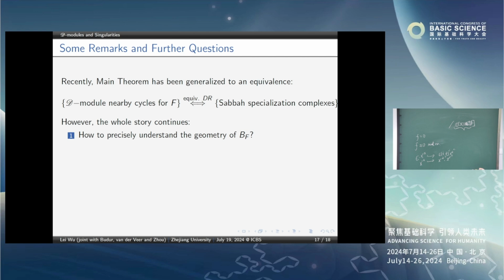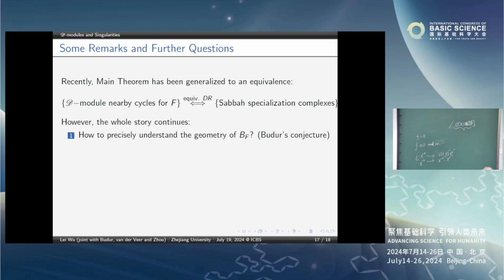So how about this: BF is the ideal inside this C[s1..sr]. What if we look at the scheme defined by the ideal? Okay, and then there is some geometry of it too, right? So we do make some conjectures about what the components of this scheme given by BF should be.